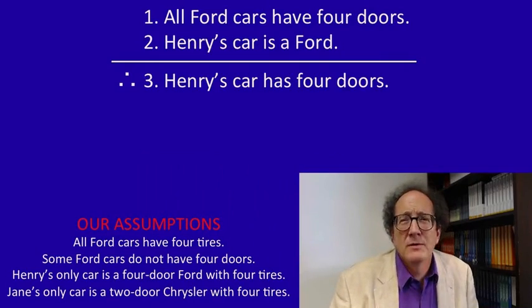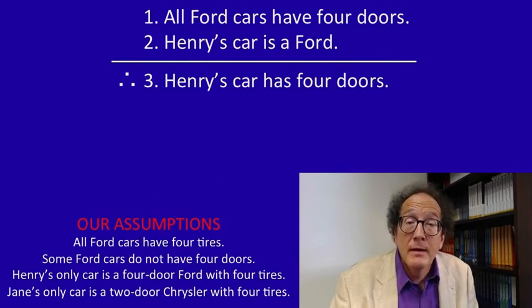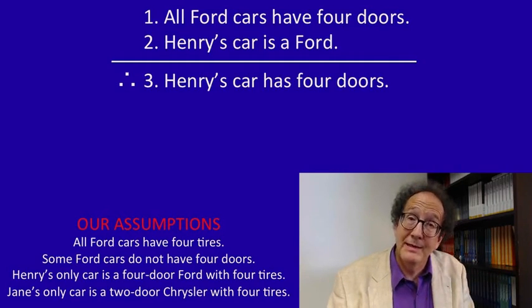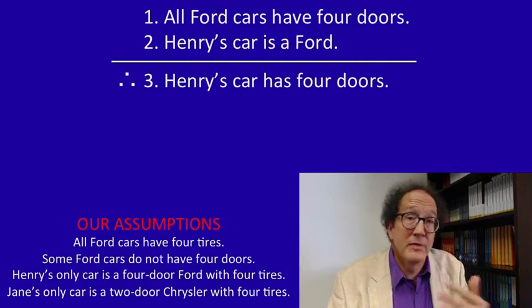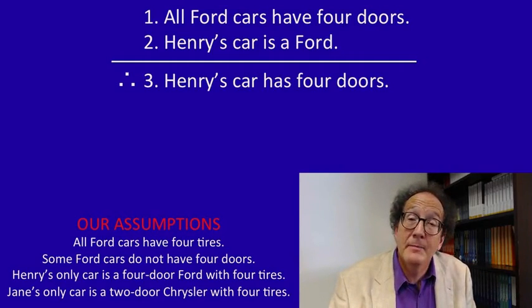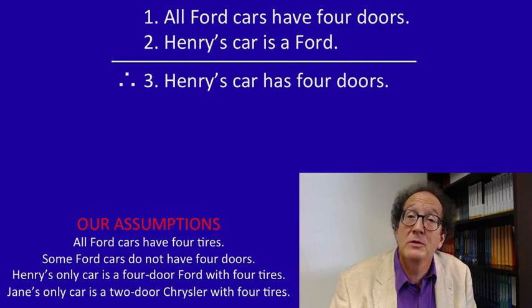And if all Fords did have 4 doors, and if Henry's car was a Ford, then it would have to have 4 doors. So that possibility of the premise being true, even though it's not, is what's crucial for determining validity, because it's not possible for the premises to be true and the conclusion false.